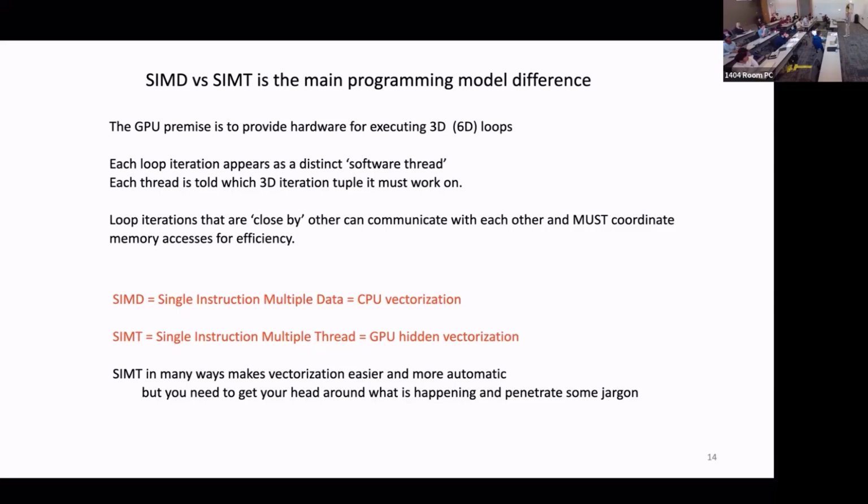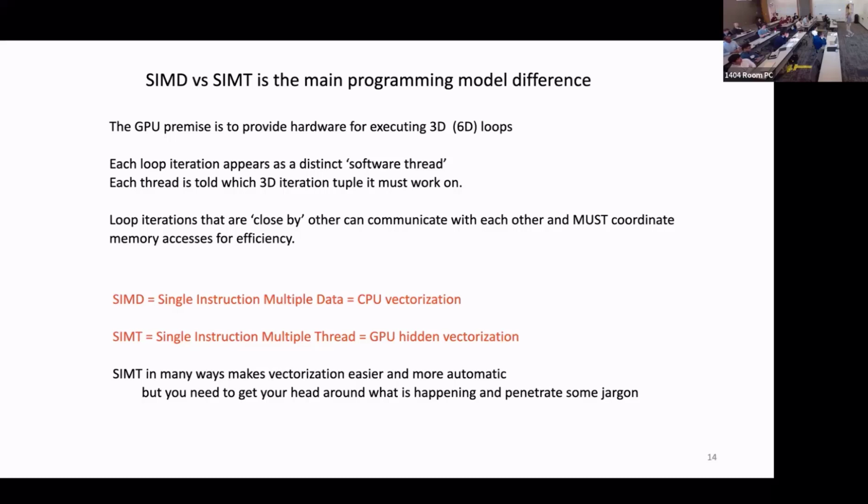So the looping over 6D nested loops is done by the hardware, and your entry point is: you are work item X equals blah, Y equals blah, Z equals blah, do your stuff, right? You need to write code to do stuff for one iteration of that loop. That's what you call a CUDA kernel at that point.